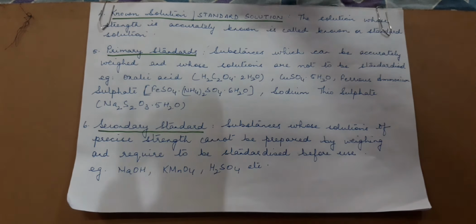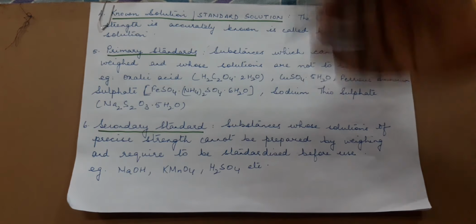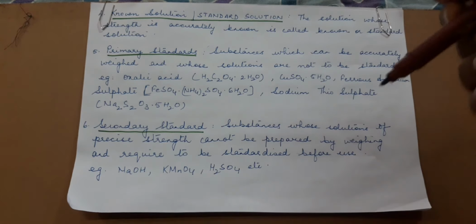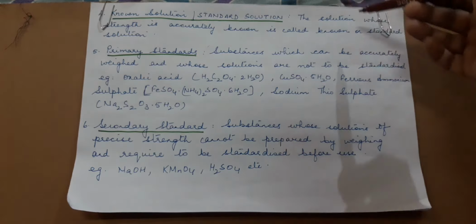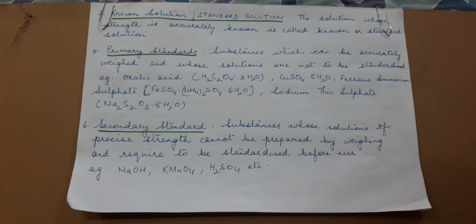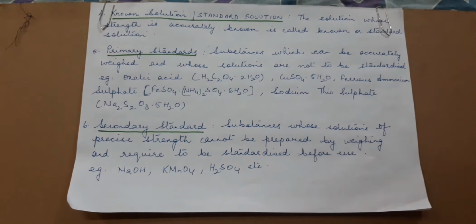Then I say it's a known solution. And it is a standard solution because I am going to use it as a reference, as the main standard, to find out the strength of the unknown solution. So the solution whose strength is accurately known during titration is called the known or standard solution.